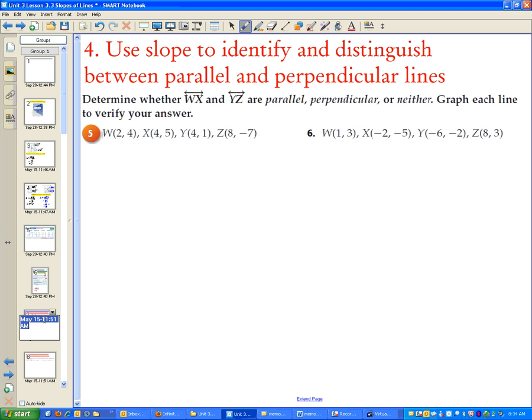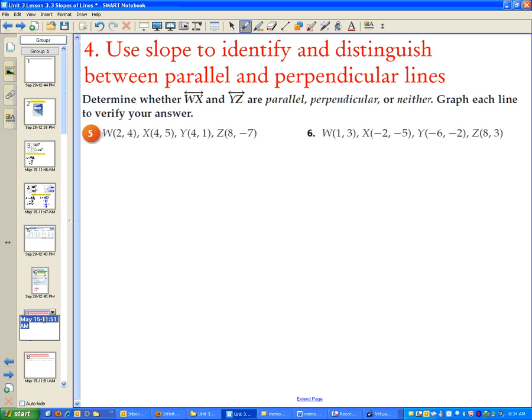No. So even if they're supposed to be parallel, your graph may not look like they're exactly parallel. So graphing a line I'm fine with. Saying that verifies your answer, I'm not real happy with that. I'm not really sure you can verify your answer through a graph. Because the way we're doing it with the slope formula is a better way than looking at the graph.